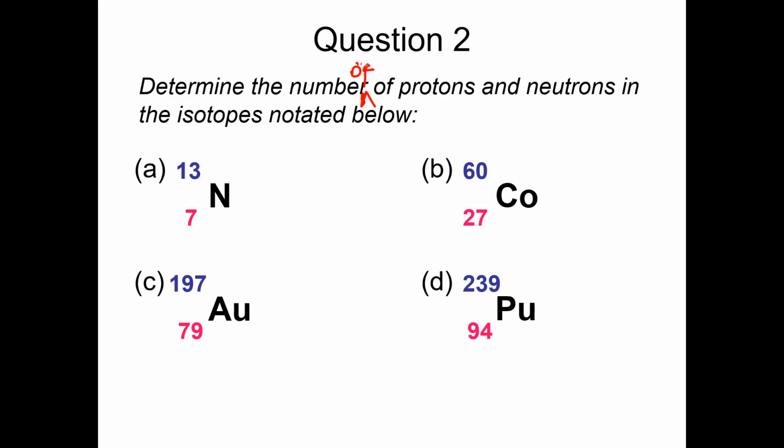I'm using a lot of energy. Number of electrons, comma, protons, neutrons in the neutral isotopes below.